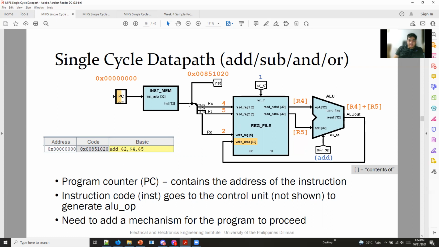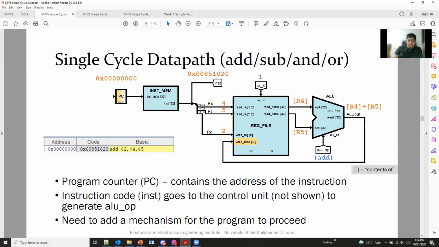Yung first 6 bits mapupunta dito sa instruction code. So pumupunta siya sa control unit na hindi nakalagay dito sa slide. And then yung bits 21 to 25 si RS, 16 to 20 si RT, and 11 to 15 si RD. So papasok sila sa register file na yan.